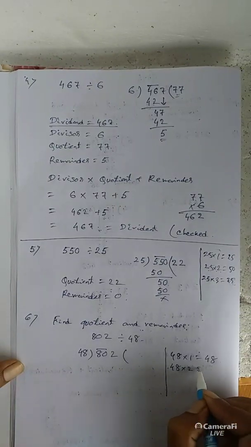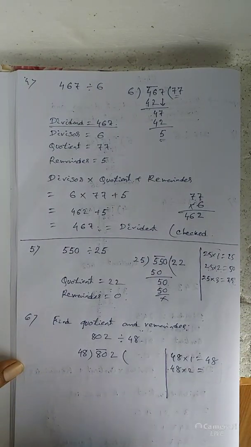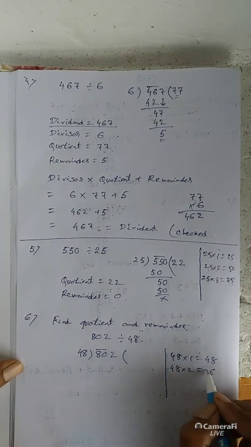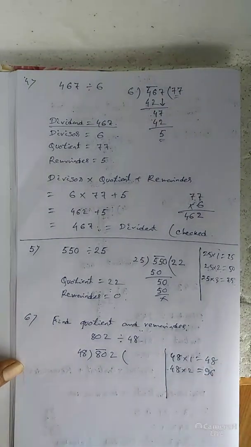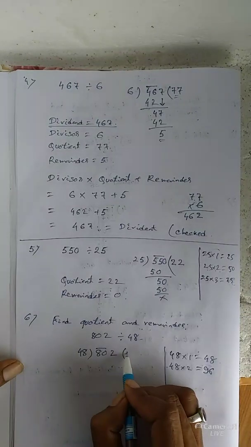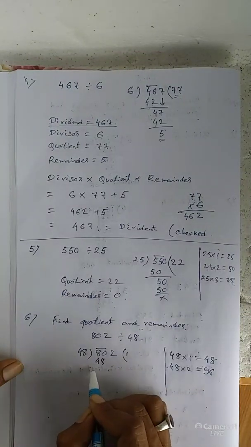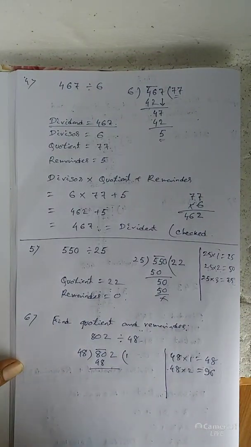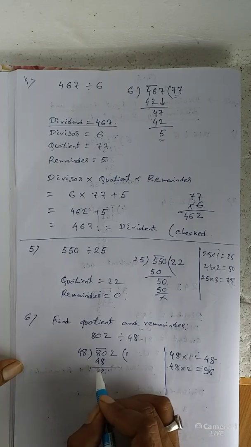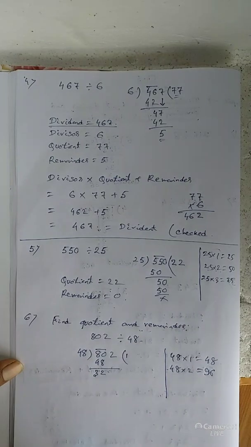48 multiplied by 2, you can do the multiplication in rough and put it here. 2 times 8 is 16, 6 and 1 carry, 2 times 4 is 8 plus 1 is 9, so 96. But see, 96 is greater than 80, so we will take 1. 48 times 1 is 48. Now subtract: 10 minus 8 is 2, borrowing 1 from here, we get 32.